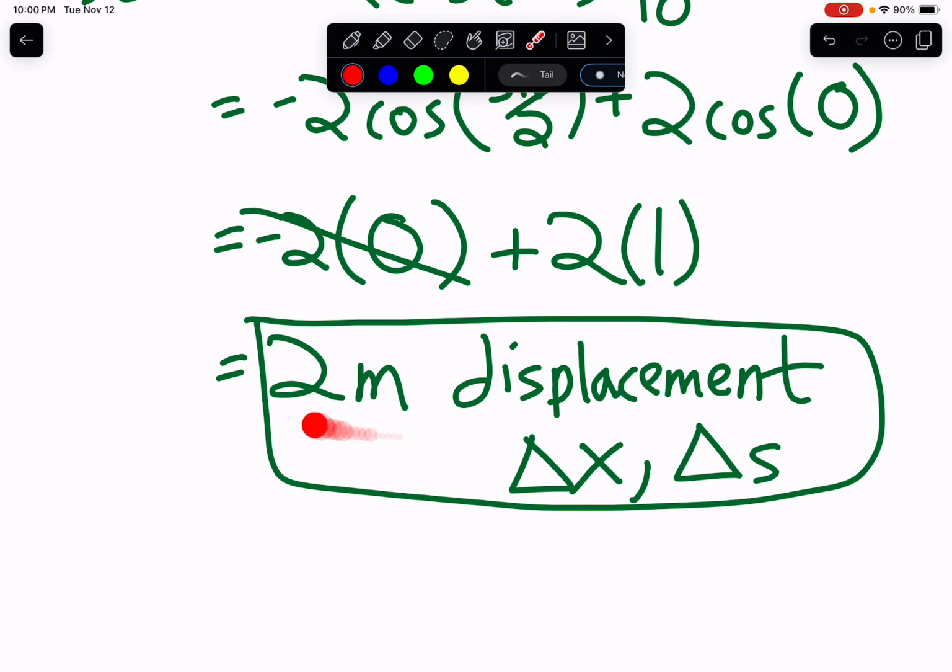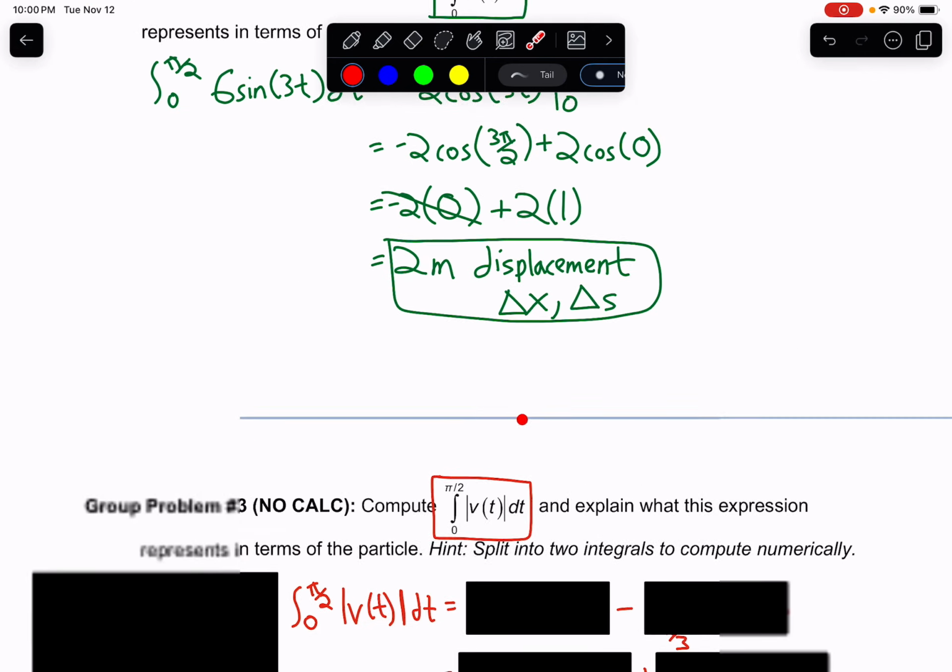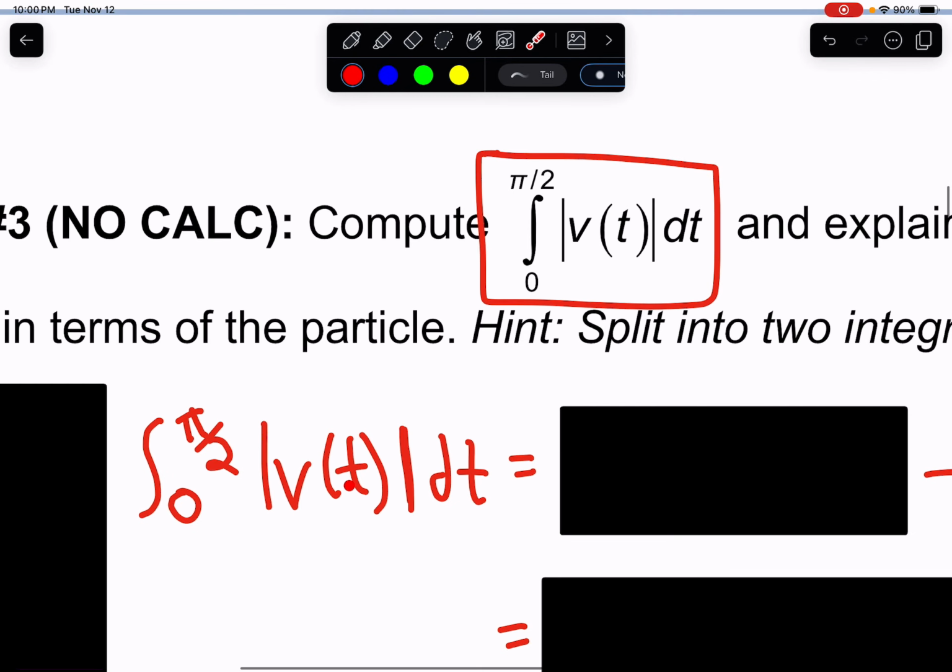That is incorrect. What we are taking the integral of is the absolute value of the function. And so we're going to get theoretically a totally different graph compared to v of t, and we want the area under the curve of something that could look totally different.